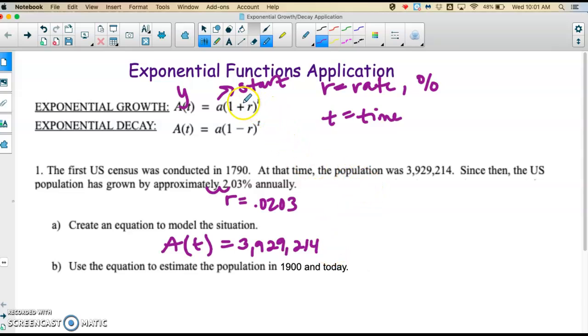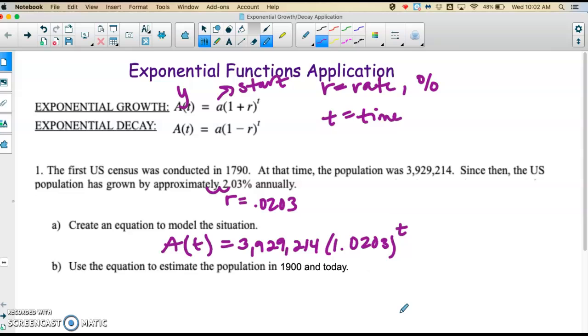So since it's growing, we're going to use this here. And so that's going to be 1.0203. All I did was add this to 1, and then t is our variable because the years is what's changing. So we're going to estimate the population in 1900 and today.